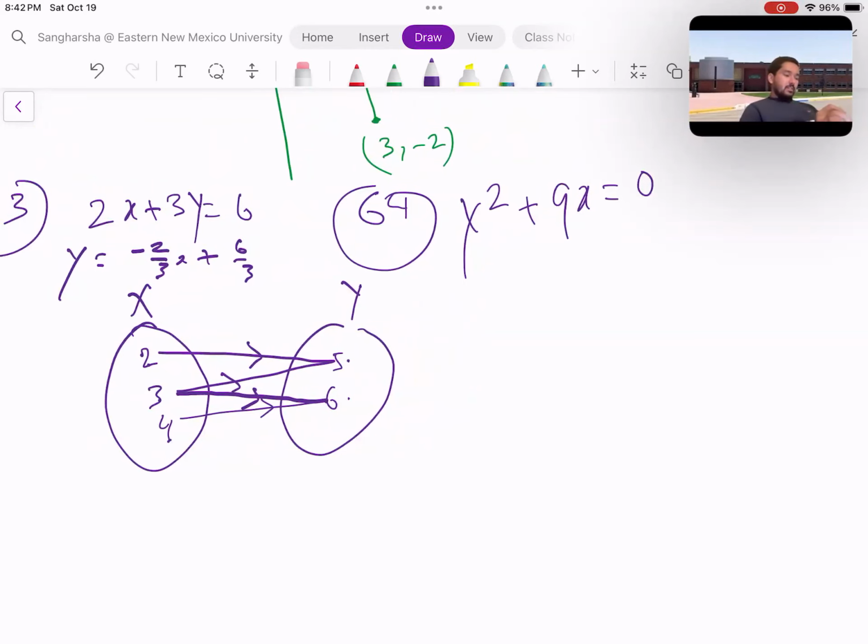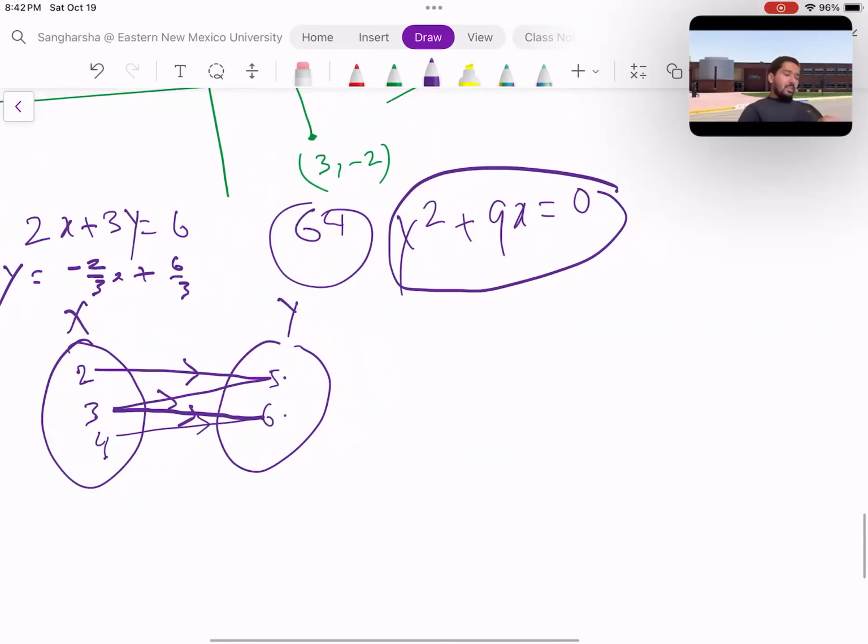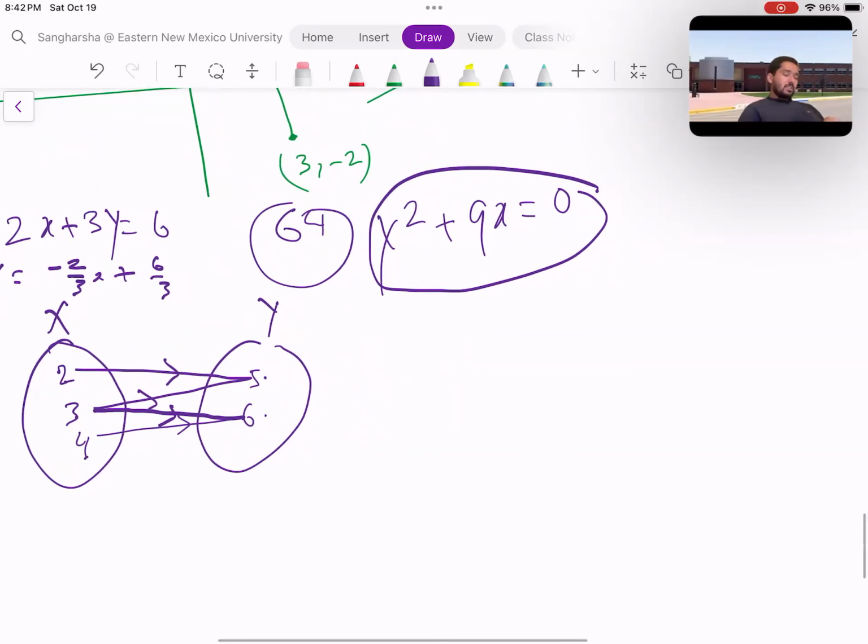Now here, we have y squared plus 9x equals 0. Or you can graph it, that's the other way. If you have a graph, you use the vertical line test. That's one way to find whether the equation is a function or not.